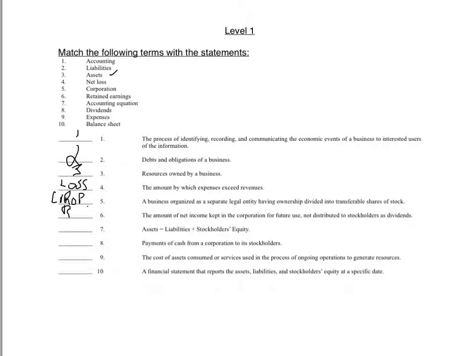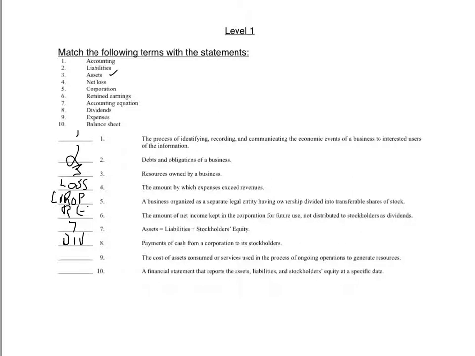Retained earnings, RE. Now, assets equal liabilities plus shareholders' equity. That would be the accounting equation, number 7. Payments of cash from a corporation to its shareholders. Well, those are payments in dividends, so DIV, dividends.